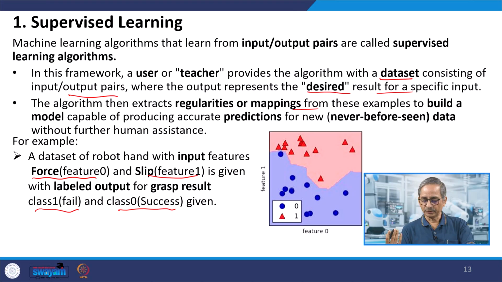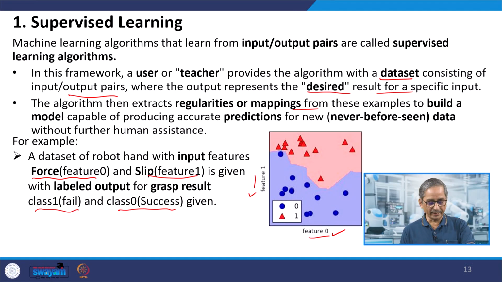So, I could plot feature 0 and feature 1 here. This is the force and this is the slip. To understand this, it just means if your force has a minimum value, naturally your chances of slip are going to be maximum.